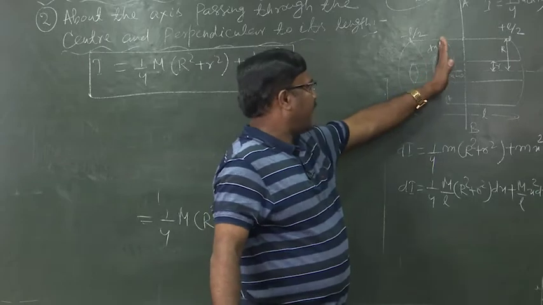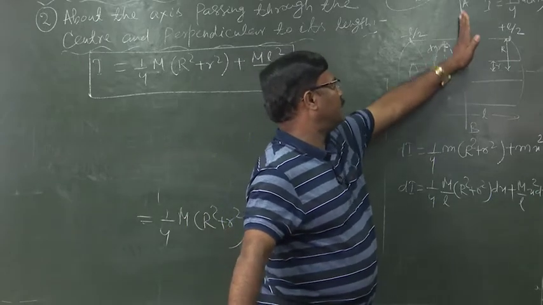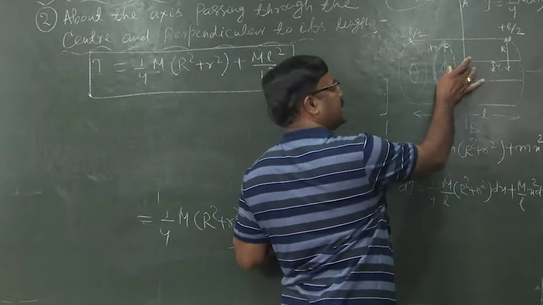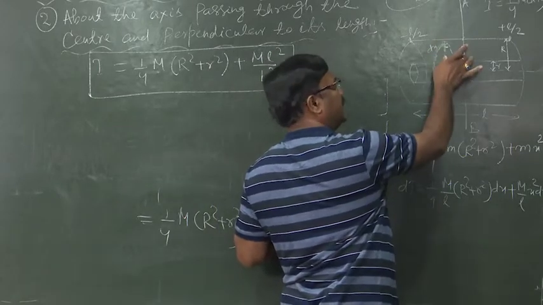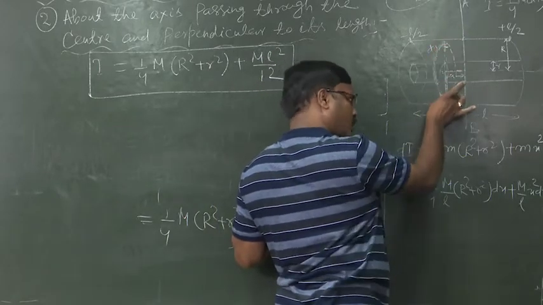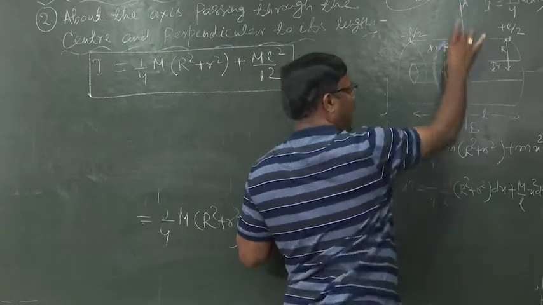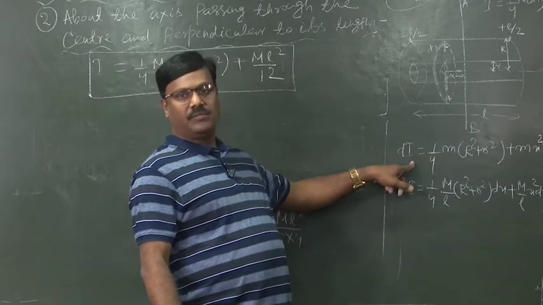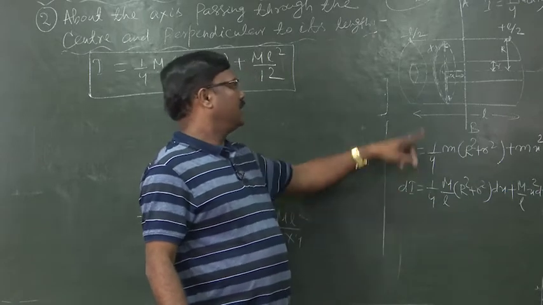And this axis CD is parallel with the axis AB. So, by applying the parallel axis theorem, we calculated the moment of inertia of this circular disc about the axis AB.